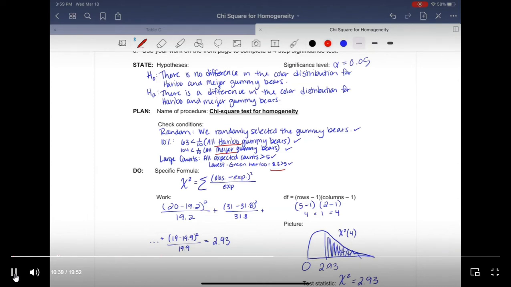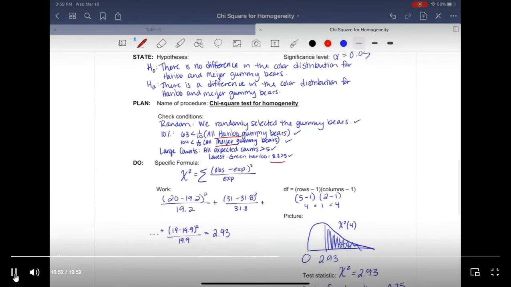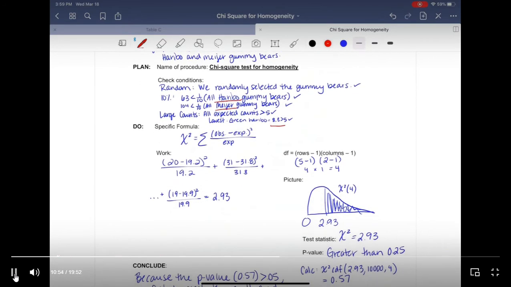Our specific formula is the same, so we've got our chi-square formula, and then for the work, again, I just showed the first couple of the contributors to the chi-squared and then the last one, and added everything up and got 2.93. So that is my chi-square test statistic. In order to turn that into a p-value, I need to know the degrees of freedom. This is a new formula for degrees of freedom because we're dealing with two-way tables.